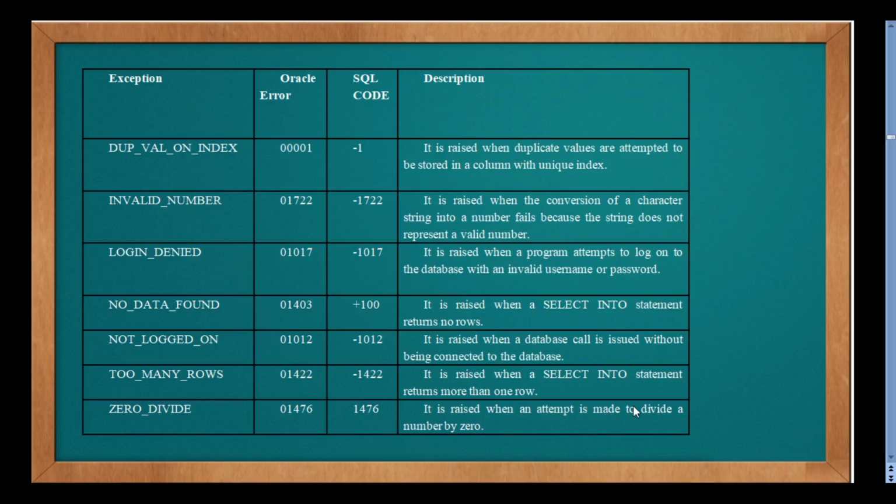Just see this table: every exception is identified by a name. In Oracle SQL, it only generates a number for every error, but in PL/SQL, for every exception it raises an exception name, an exception identifier. There are so many exceptions here.